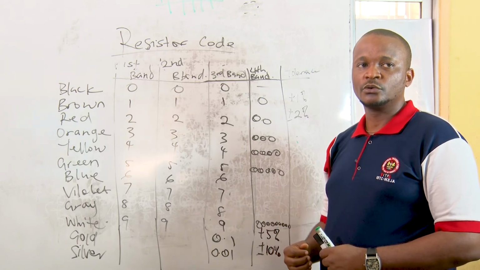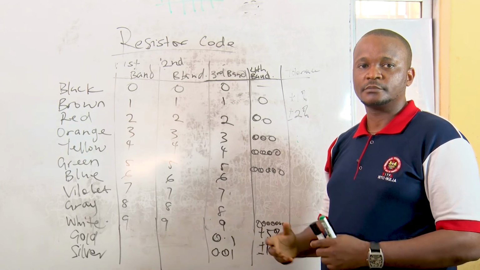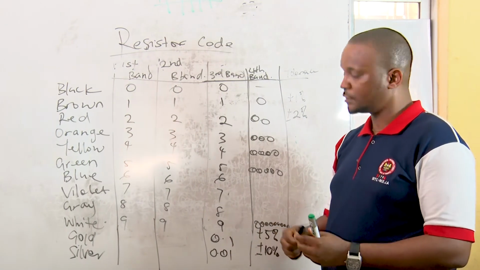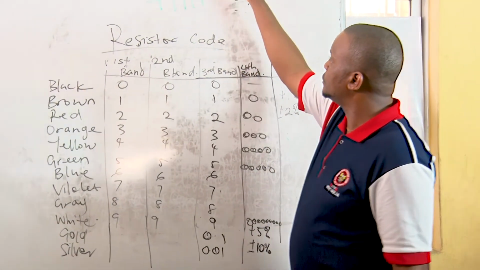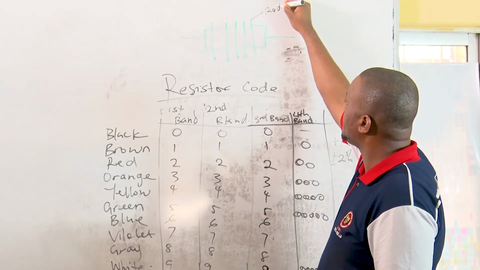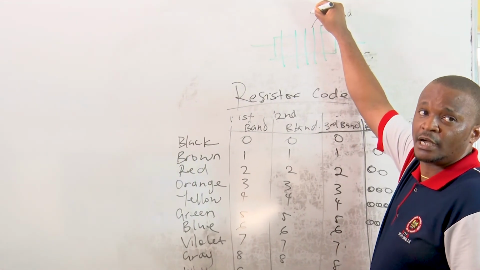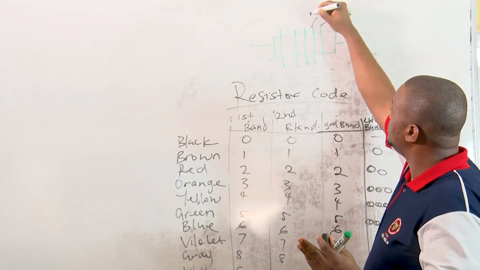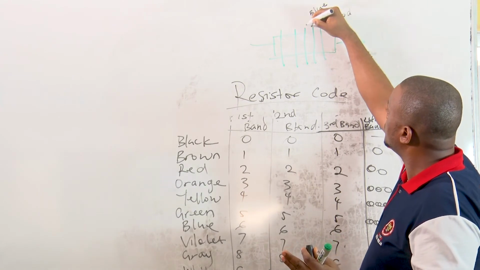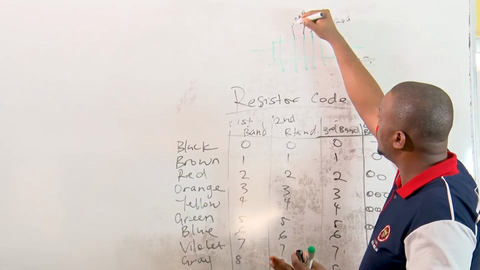Okay, so let us take a reading from, let's use this as an example. Let us assume that this is red. Then we can have a blue. We can have red again. So you can have that color inside.